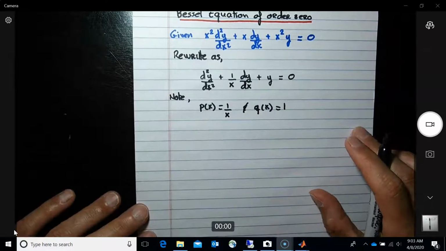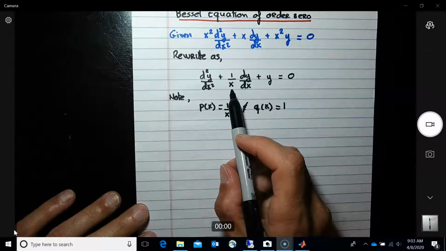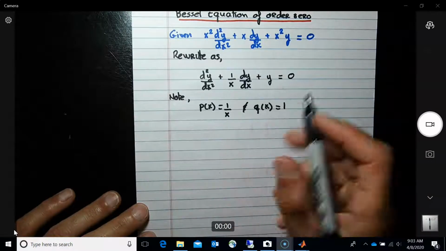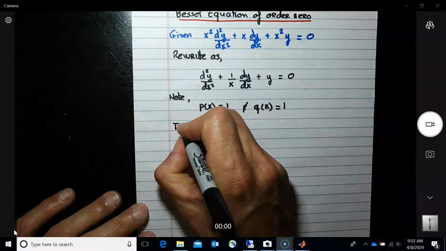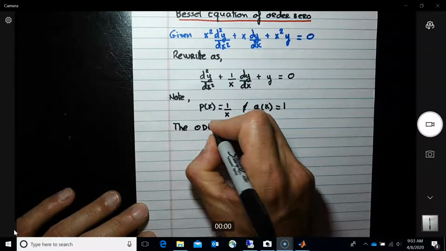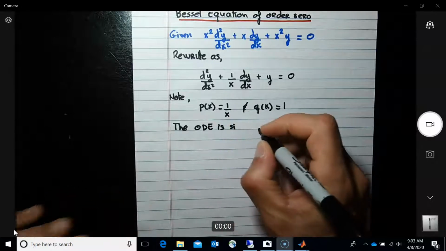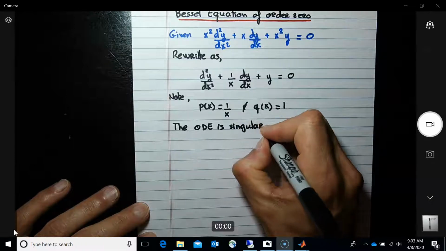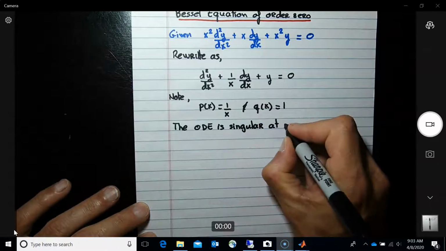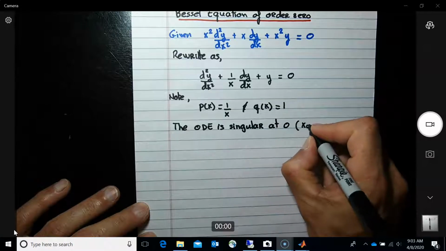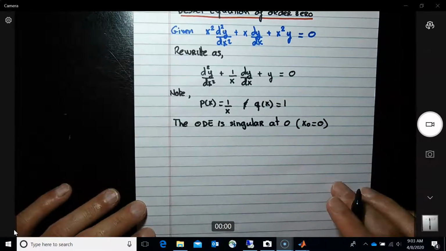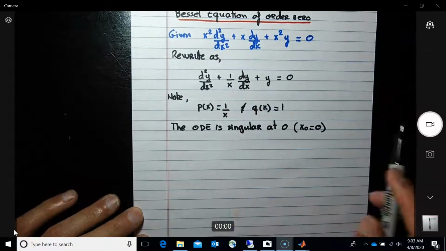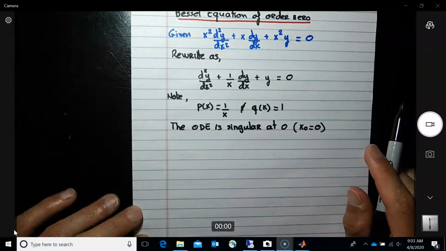Okay, so by looking at the ODE, you can see that this equation should be singular at 0. So basically that means that x sub naught will be equal to 0 when we do the Frobenius approximation.